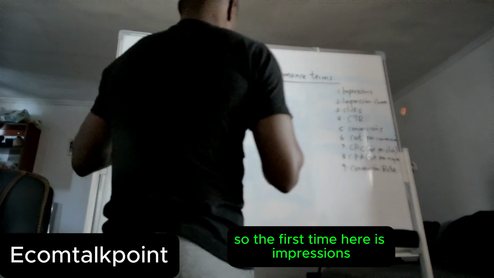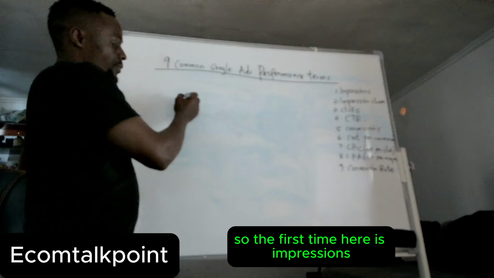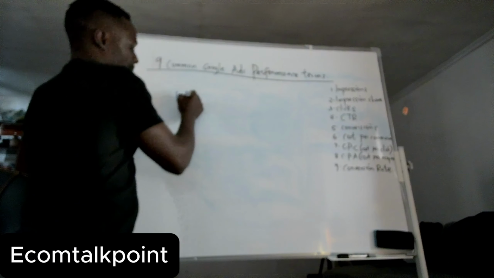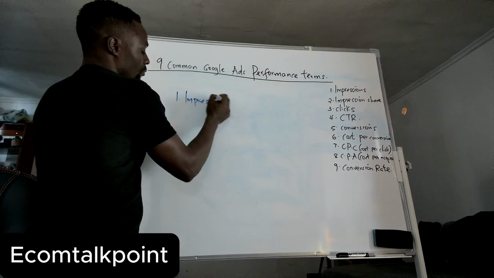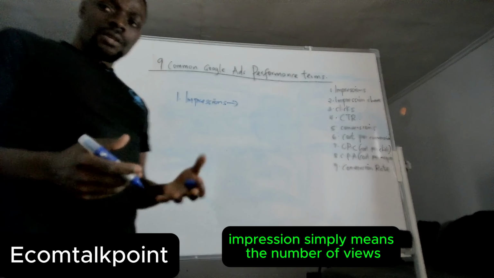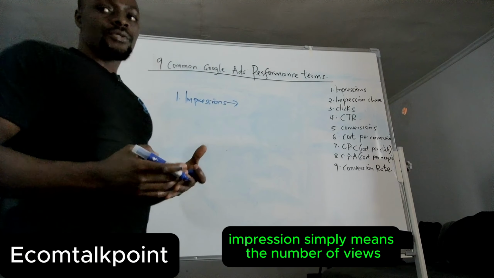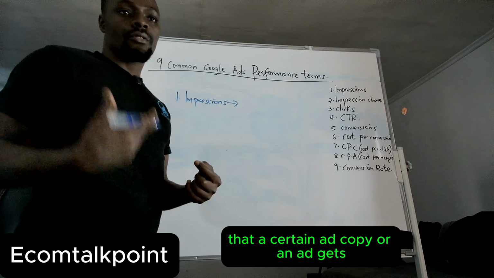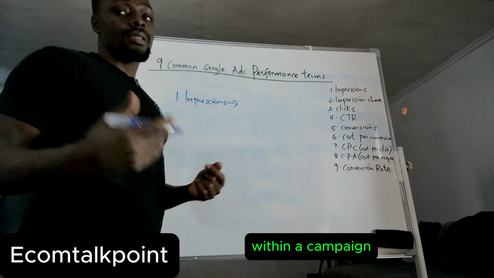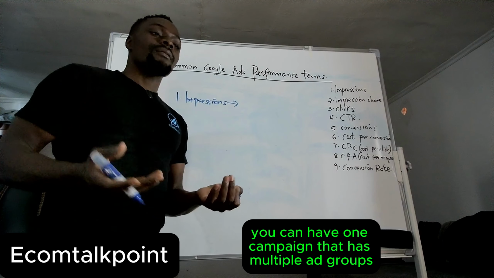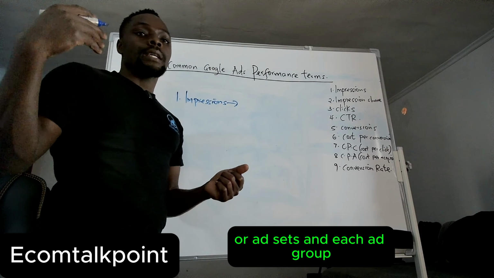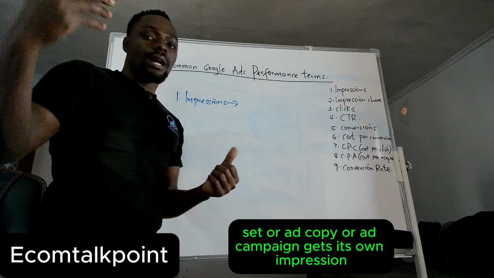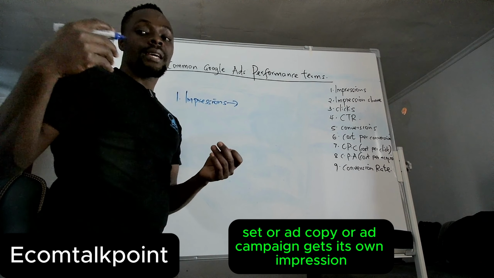The first term here is impressions. Impression simply means the number of views that a certain ad copy or an ad gets within a campaign. You can have one campaign that has multiple ad groups or ad sets, and each ad group, ad set, or ad copy or ad campaign gets its own impression.